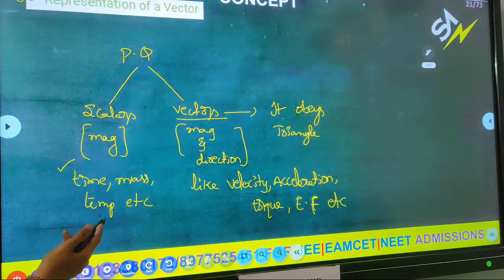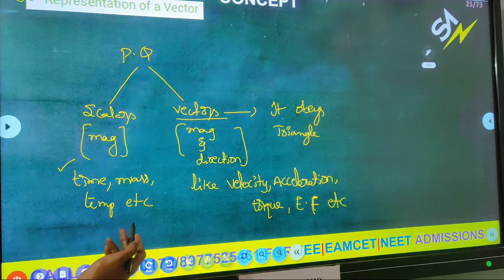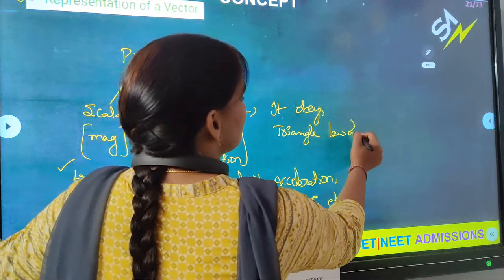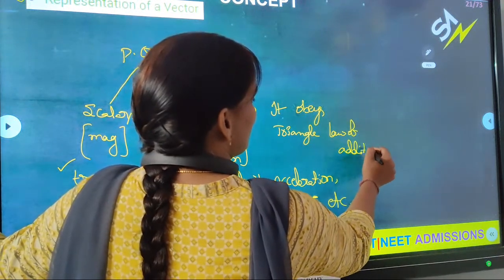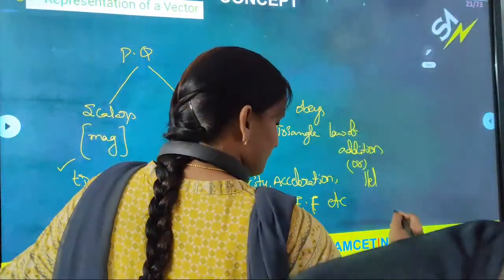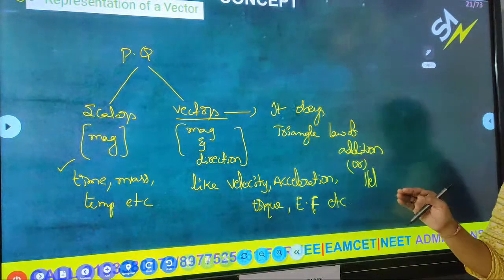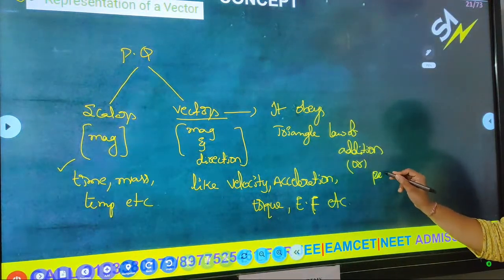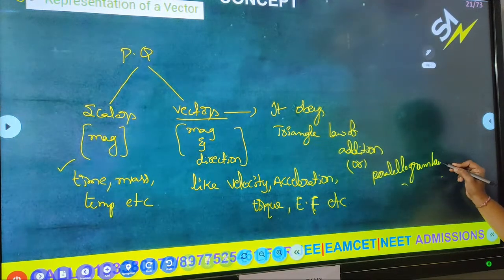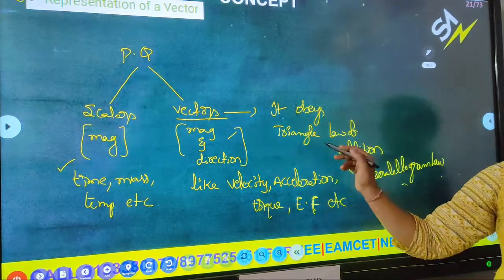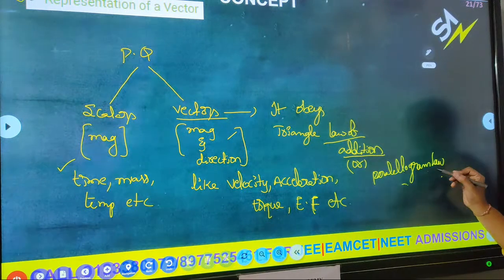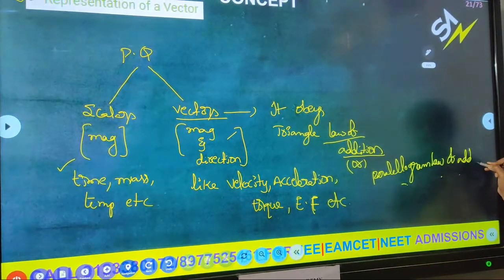Scalar quantities can be added or subtracted using normal algebra, but vectors obey the triangle law of addition, or the equivalent parallelogram law of addition. So vector quantities, in adding, obey the triangle law of addition or parallelogram law of addition.